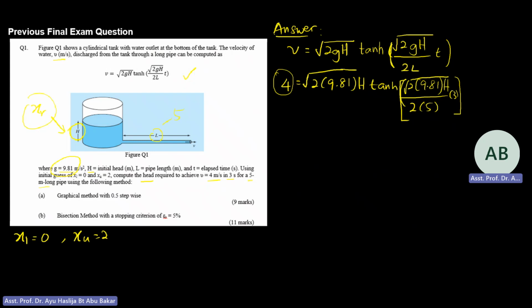Remember, our XR is when Y equals 0. So 4 is brought to the other side so that Y equals 0. Rearrange the equation, 4 bring to the other side.